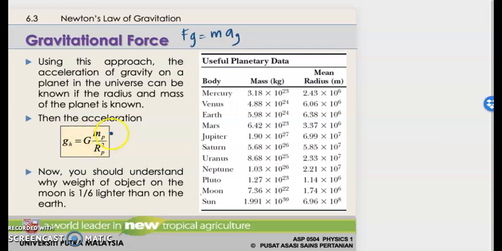If there is an object on the planet, this would be times MO, the mass of the object, giving the gravity on the object. So previously we talked about the mass of Earth, the mass of the object, over the radius of Earth squared. It's the same equation, just for another planet aside from Earth. The same equation still applies as long as you know the mass of the planet and the radius of the planet.